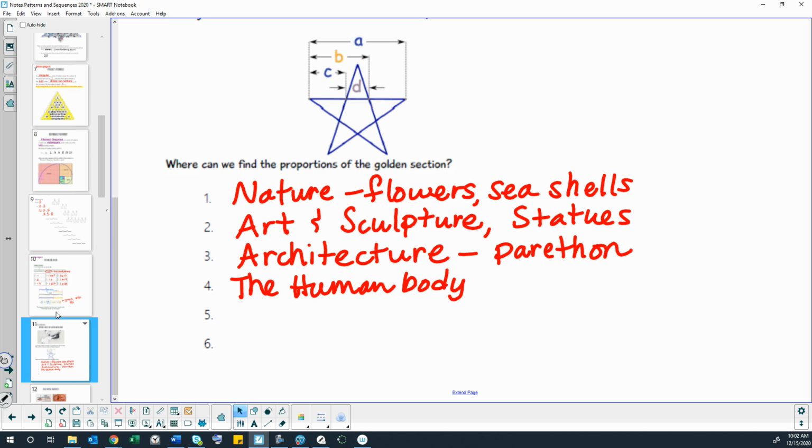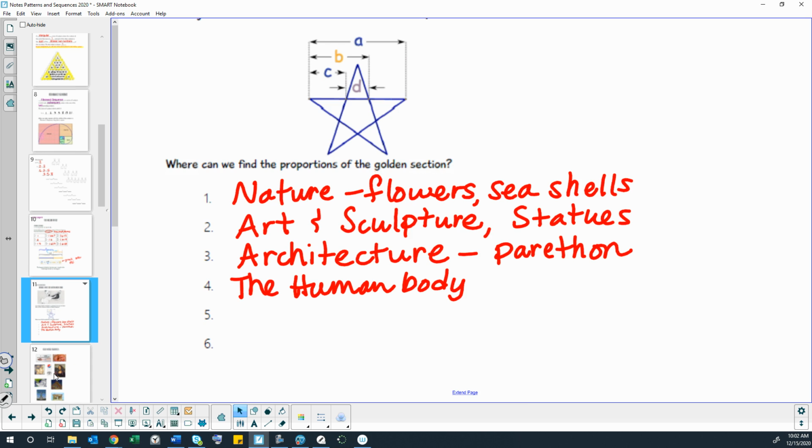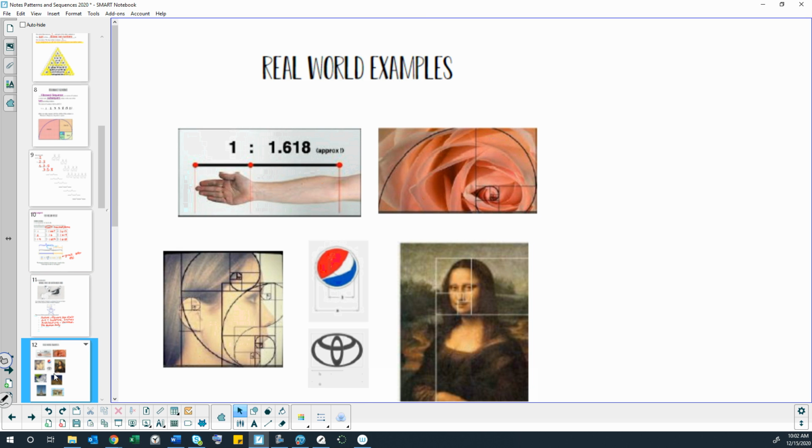Okay, the next page of our notes, there's really nothing to write on. It's just showing you some examples of places where we can find the golden ratio. So you've got the length of someone's hand to the length of their arm to their elbow happens to be approximately the golden ratio.